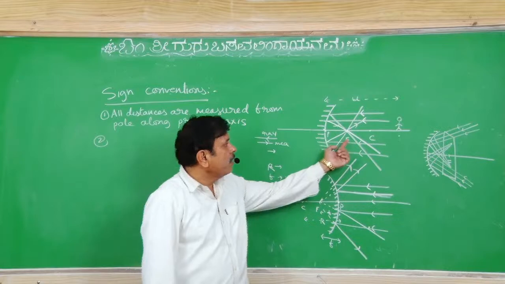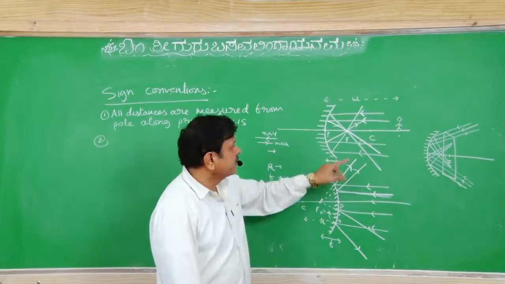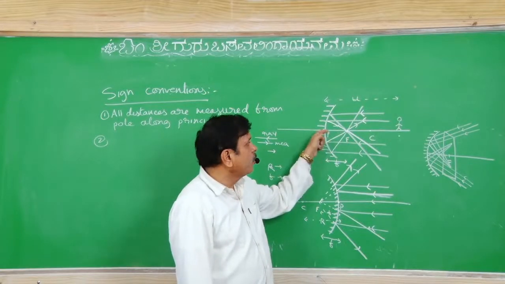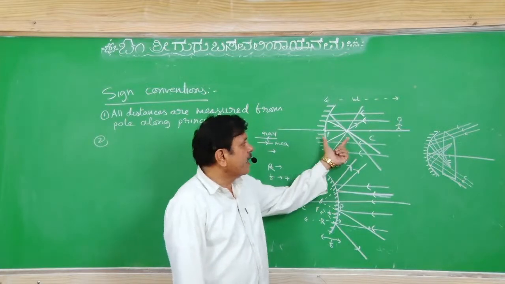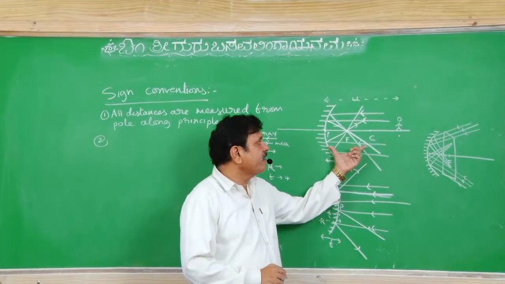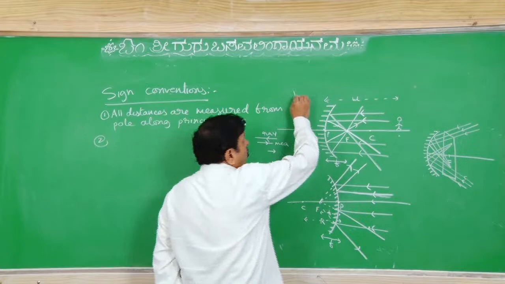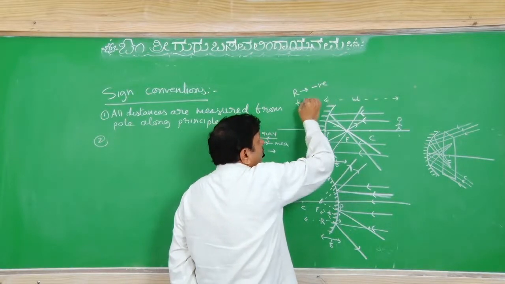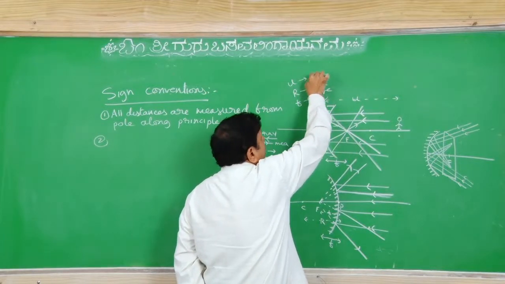What about focal length and radius of curvature? Same thing. From P, when we want to measure focal length, we have to go like this. The ray is traveling in the opposite direction. That's why this distance should be taken negative. Even the center of curvature should be taken negative. It means for a concave mirror, R will be negative, F will be negative, as well as U will also be negative.